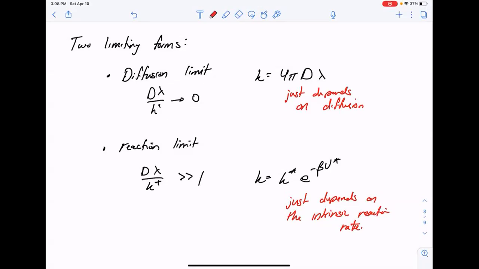We used our Smoluchowski equation, which follows from our Langevin equation, invoking reduced descriptions of dynamics for tagged particles moving in baths that they're weakly coupled to.